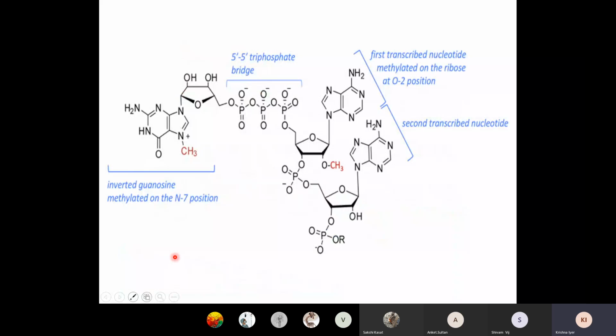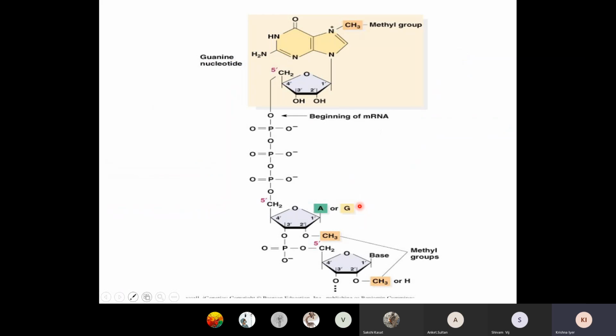A guanosine moiety is added to the 5' end via a very unusual triphosphate bridge, called the 5' triphosphate bridge, because it connects the 5' carbon of two nucleotides. One is part of the RNA, which is the 5' end, and the other is the guanine, which is the cap. Not only does this phosphate formation occur, in addition there is also methylation at the level of the guanine and a couple of residues which are part of the RNA.